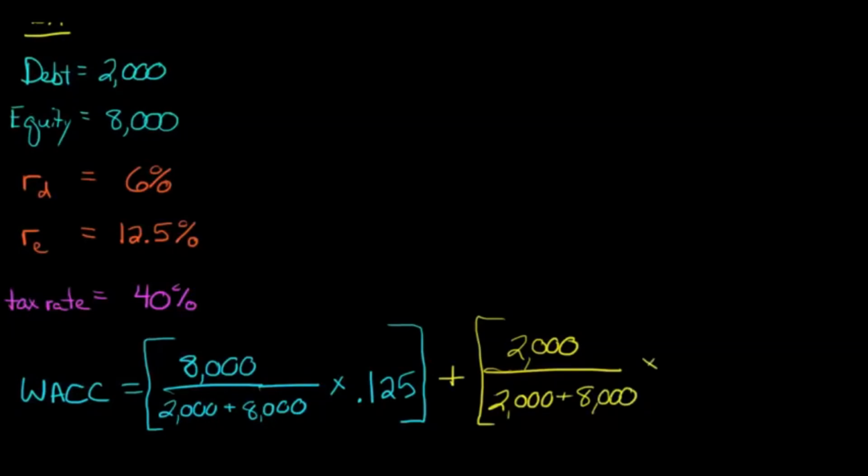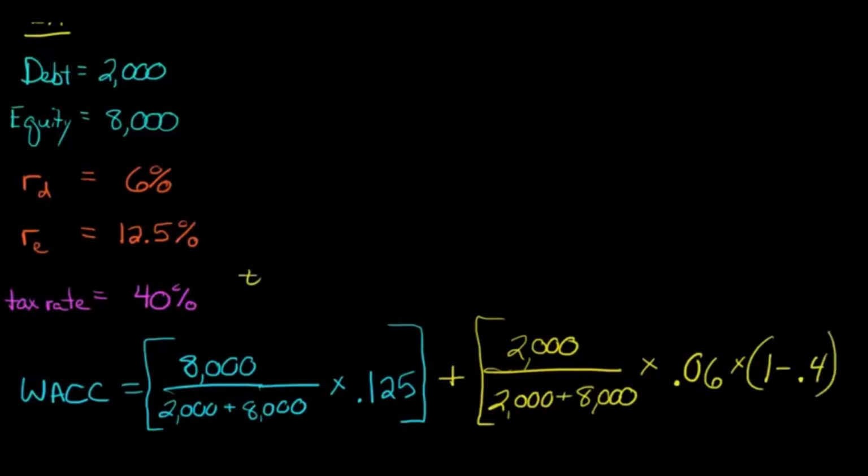Now we multiply that by the cost of debt, 6%, which is the same as 0.06. But now we have to factor in the after-tax cost of debt, so we have 1 minus the tax rate, 1 minus t, which is 1 minus 0.4. T is just the tax rate.